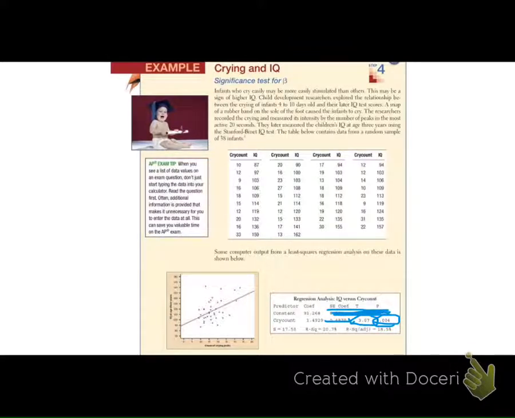So we're really interested in the row that is cry count, and cry count is the x-coordinate for our scatter plot. One thing we might do before we go any further is interpret the r value, or interpret this scatter plot. We might say something like there is a weak positive linear relationship between cry count and IQ scores.